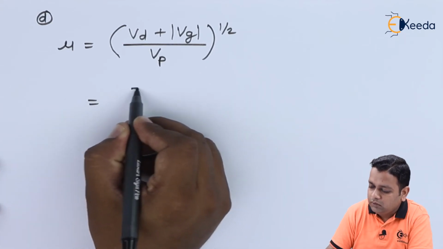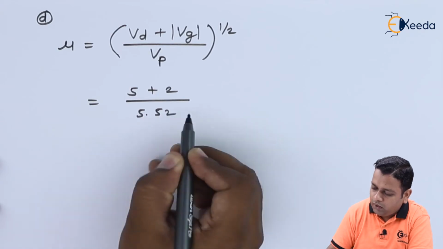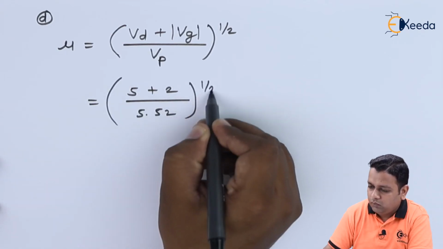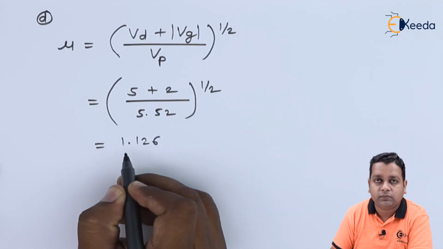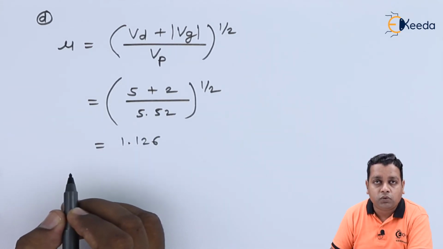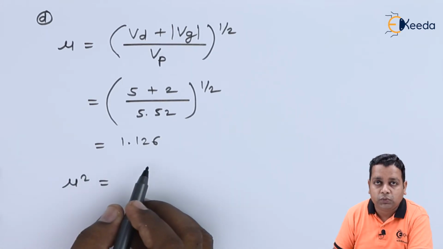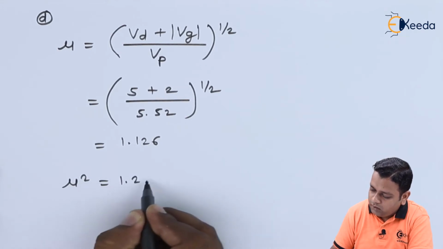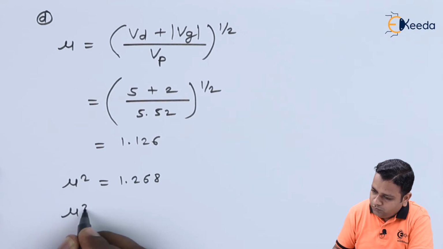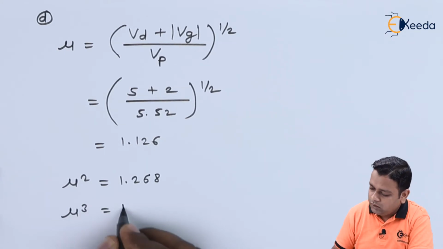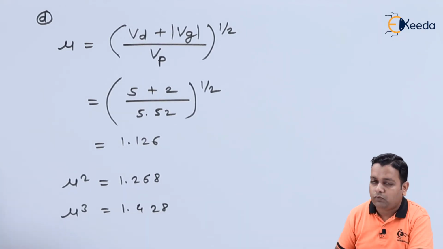So the substitution gives 5 plus 2 divided by 5.52 in the square root, with the answer 1.126. For computation of the total drain current, we require mu square, so mu square becomes 1.268, whereas mu cube is also required, it becomes 1.428.